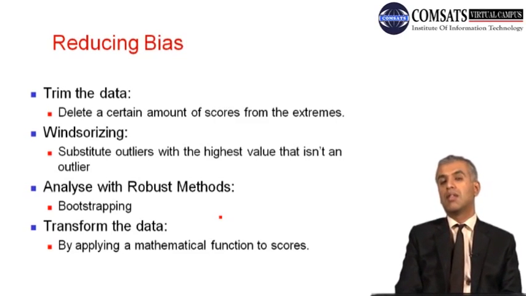The third method here is bootstrapping, and bootstrapping is related to the fact that we do not have any idea of the original distribution of the population or even the sampling distribution.